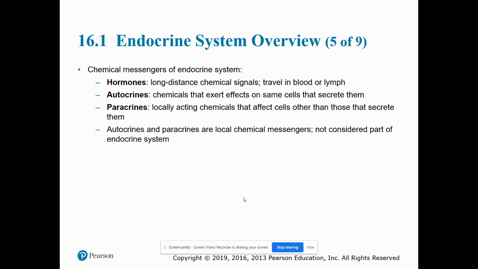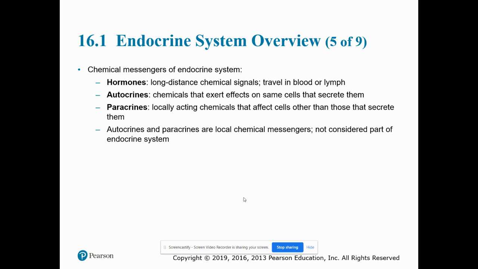Autocrines and paracrines are both local chemical messengers that are not considered part of the endocrine system, but we still talk about them here because they are chemicals secreted by one cell that do have an effect on either itself, which we're about to talk about, or other cells in that general area.